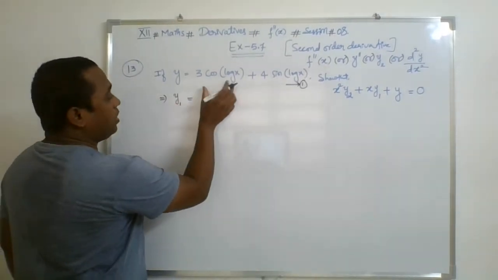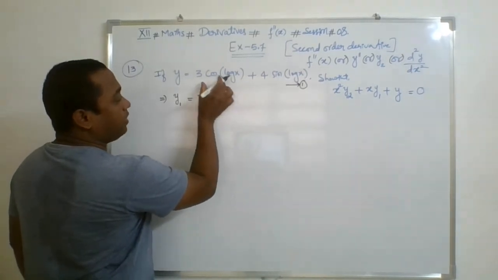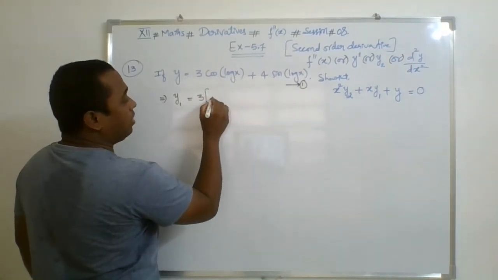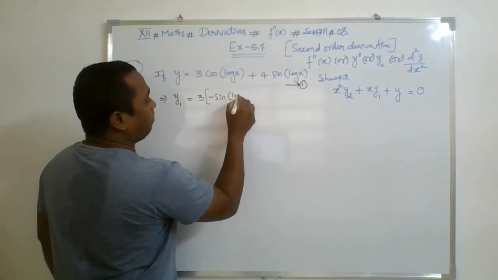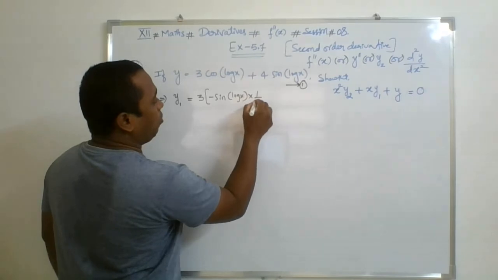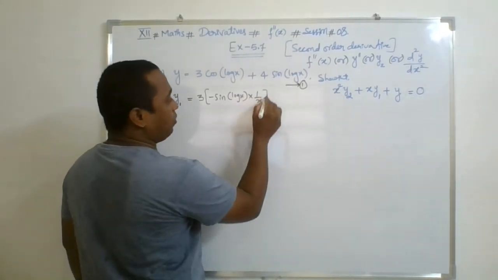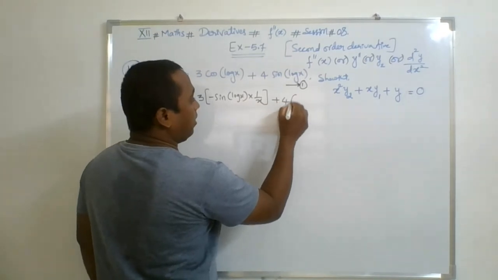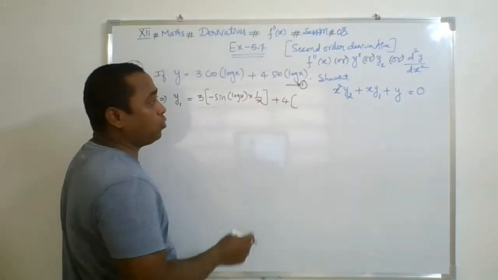Y1 equal to, then 3 as a constant I will keep outside. The derivative of cos theta is minus sine theta into the derivative of log x, which is 1 by x. That is the chain rule I have applied over here. Then similarly again it is a function of function, so we'll go with the chain rule.